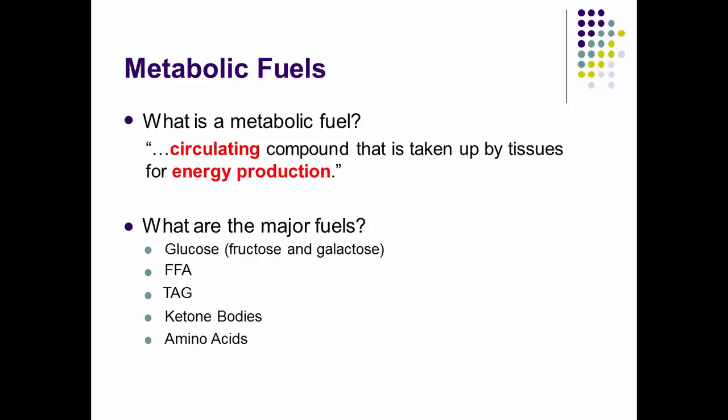So five: glucose, fatty acids, triglycerides, ketone bodies, and amino acids. These five compounds are present in circulation and can be picked up by tissues and broken down or metabolized to produce ATP. So these are the metabolic fuels that our body can use for energy production.